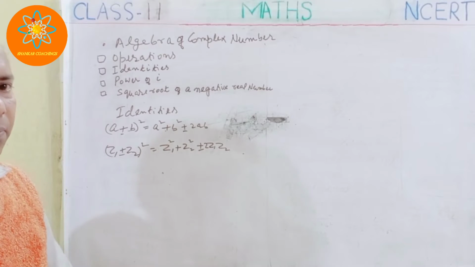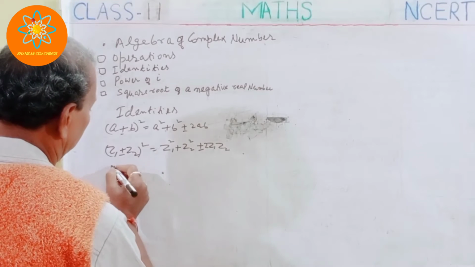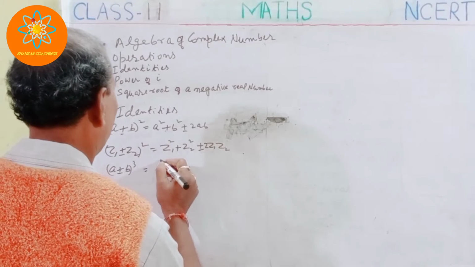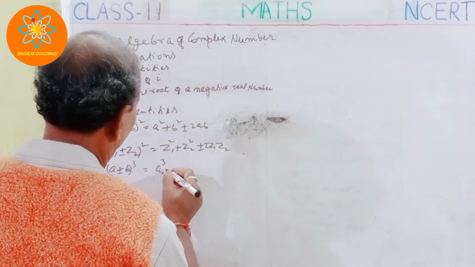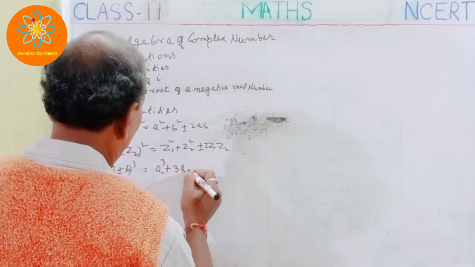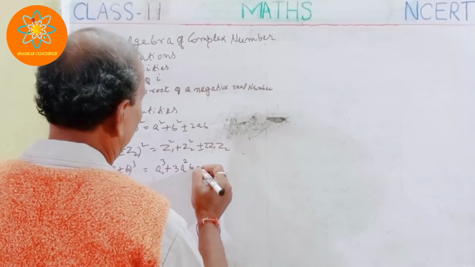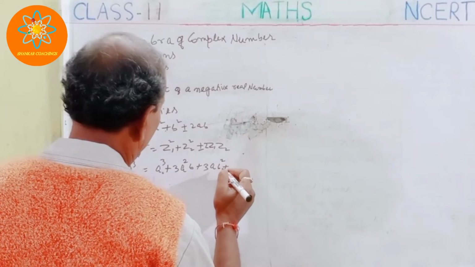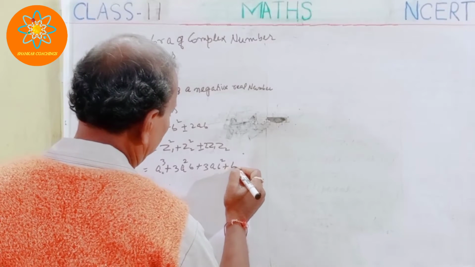In a similar way, let's suppose I take a plus minus b whole cube. What is its value? It is equal to a cube plus 3a square b plus 3ab square plus b cube.